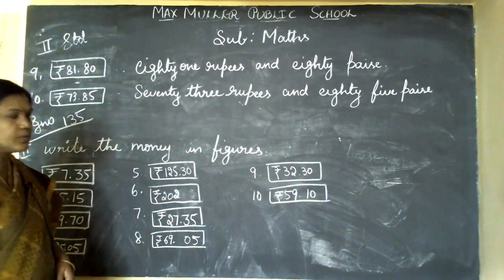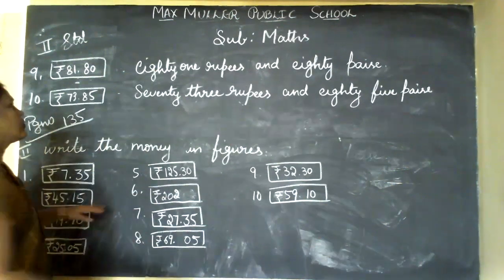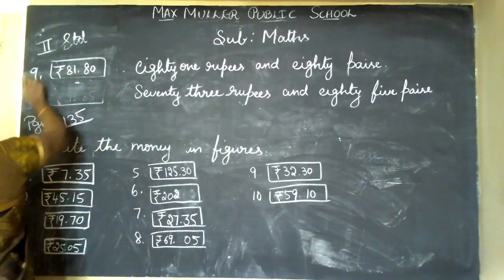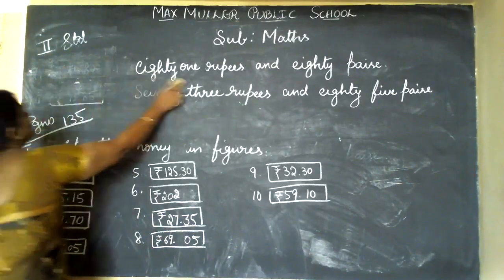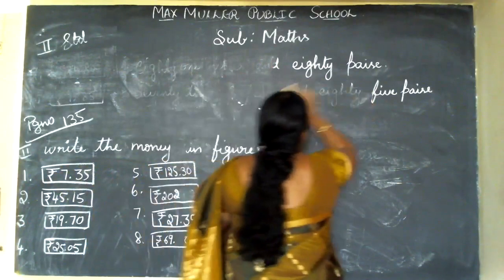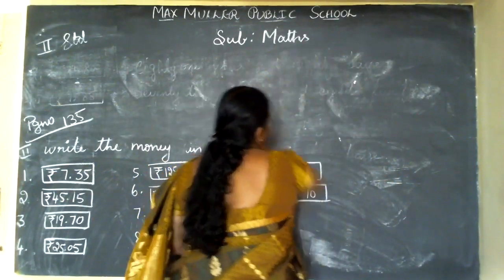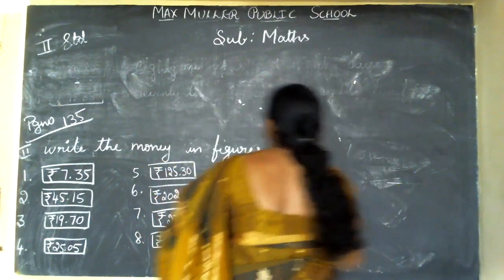Now close your textbook, children. If you finish this one, you close the textbook and take maths homework note. And go to fresh page. Maths homework, you want to go to fresh page.